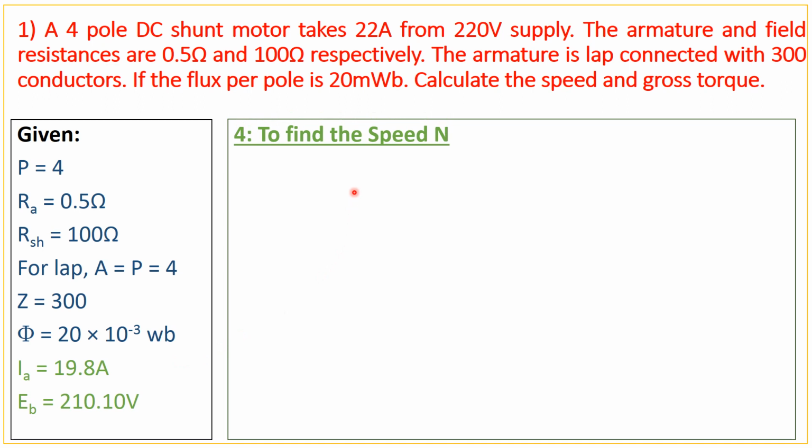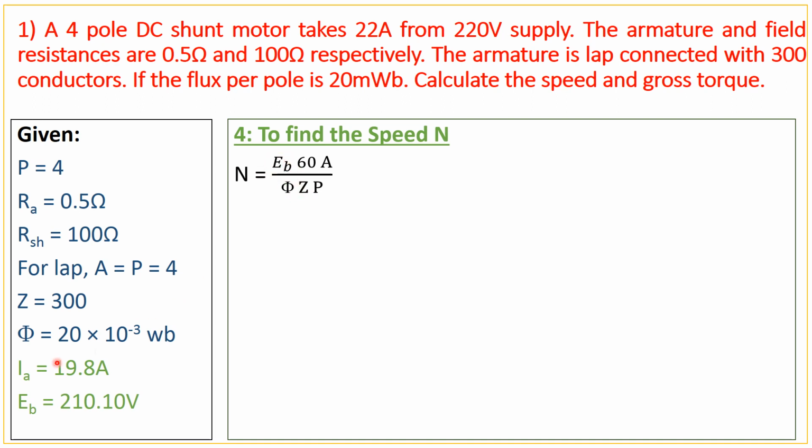Next is to find the speed as given in the question. So N is equal to EB 60A by phi ZP. Remember the EMF equation of DC generator, E is equal to phi ZNP by 60A. The same thing I have rearranged here, and finally I get the speed N is equal to EB into 60A by phi ZP.